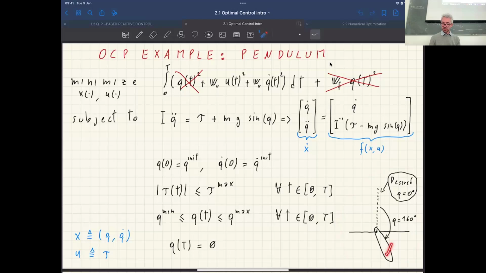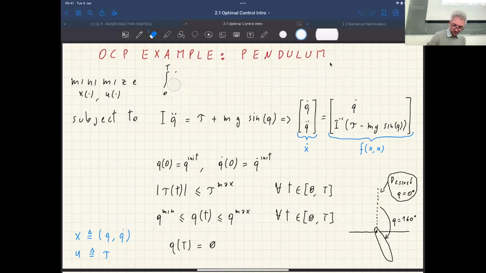And we want the pendulum to do the classic swing up, so go from whatever position it's at to the top position and stay there stable. Let's say that the top position corresponds to a 0 angle, so we want q equals 0. So the optimal control problem is going to look like that.